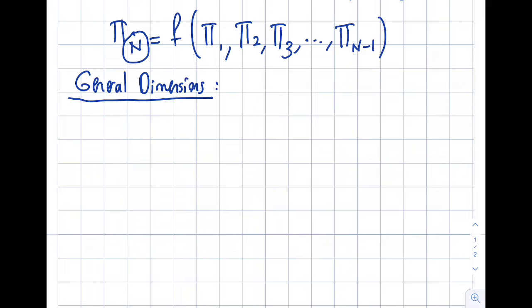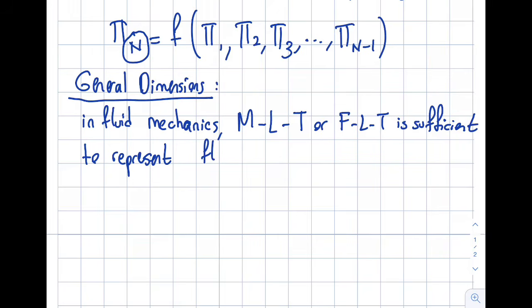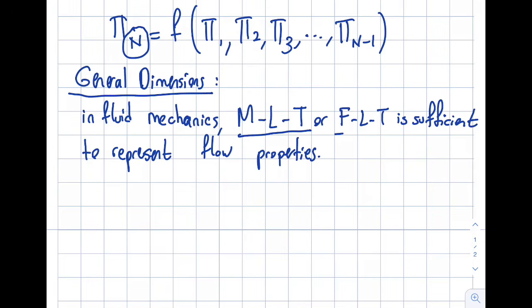In fluid mechanics, M, L, T (mass, length, and time) or F, L, T (force, length, and time) is sufficient to represent flow properties. I'd like you to note that there's also temperature. Sometimes we may need to include temperature as well, but I will not be going in that direction today. So basically there are two systems, MLT and FLT.